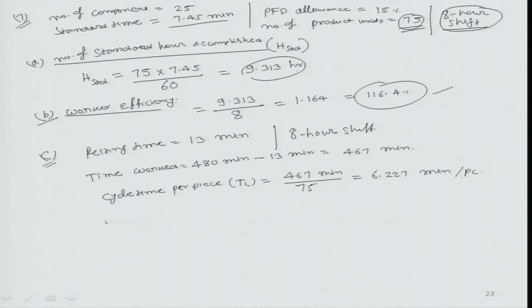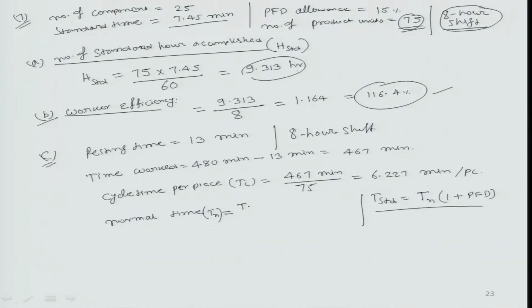Again, normal time. What will be the normal time? We know that T standard is equal to Tn times (1 plus PFD). Okay, from this relation we will calculate normal time.